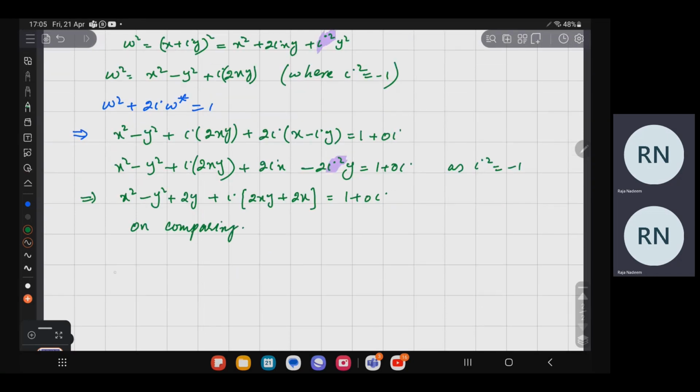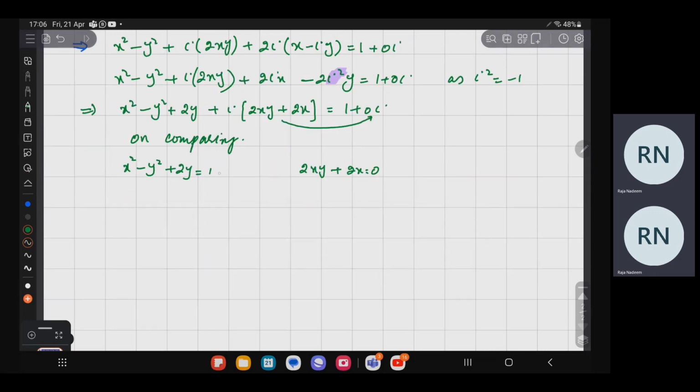Comparing real and imaginary parts: x squared minus y squared plus 2y is equal to 1. And 2xy plus 2x is the imaginary part, which is equated with the imaginary part on the right-hand side, equal to 0.